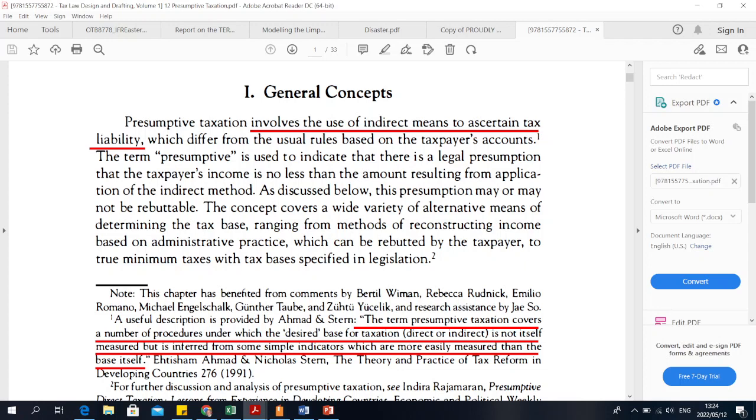But they have a choice, so they can either do the regular way of calculating income to be taxed, or they can use an indirect means to estimate what the profits or income would be. And in this case, the instrument is the turnover.